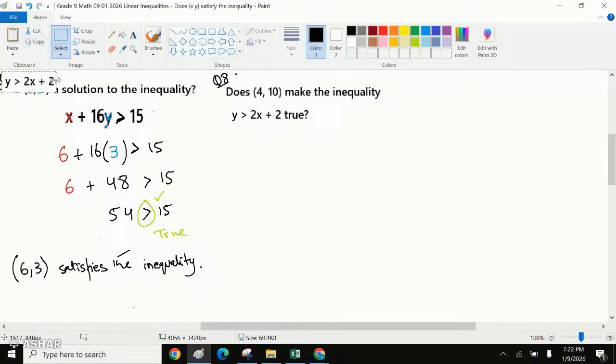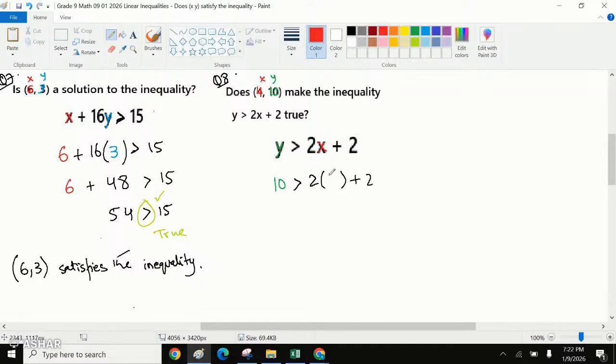Okay, so whenever we need to verify an inequality, we just need to substitute, right? 4 is the value of x and 10 is the value of y, right? So can I say 10 should be greater than 2 times x plus 2, right? So x was 4. Can I say 10 is greater than 2 times 4 is 8, 8 plus 2 is 10?